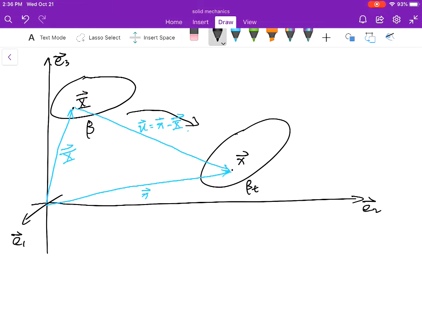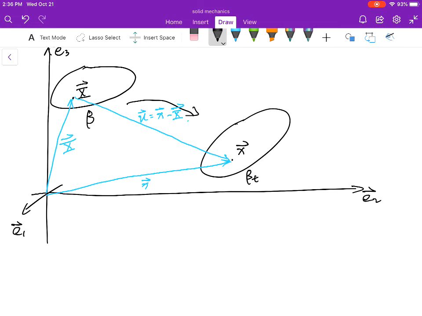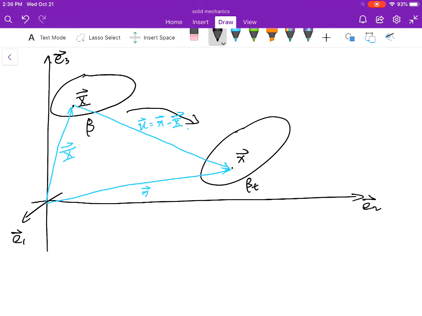So now we have a material point that deforms from uppercase X to lowercase x at time t, from the reference configuration as the undeformed configuration B to the current configuration as the deformed configuration Bt.